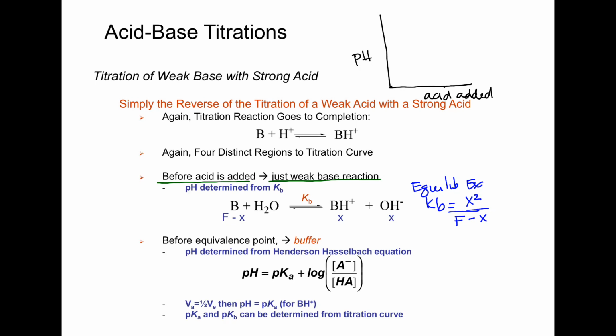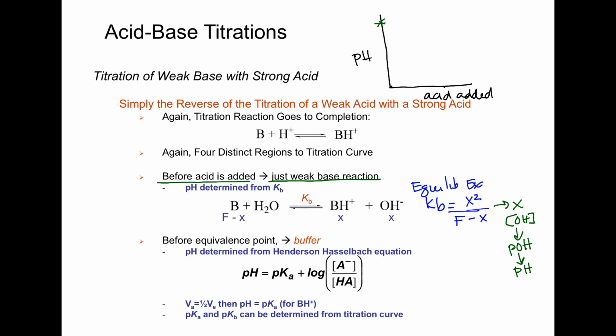We would use that to solve for x. X would be equal to the hydroxide ion concentration. We would find the pOH, and then we would find the pH from there. Now, because it's a basic solution, it would start off at a high pH. So with no acid added, we would start off at a higher pH than 7.